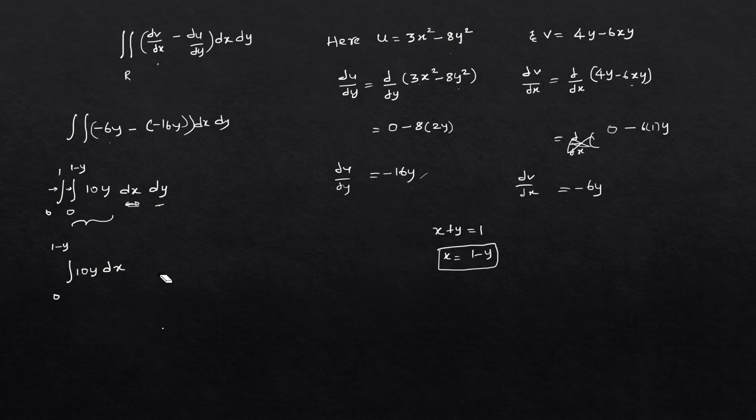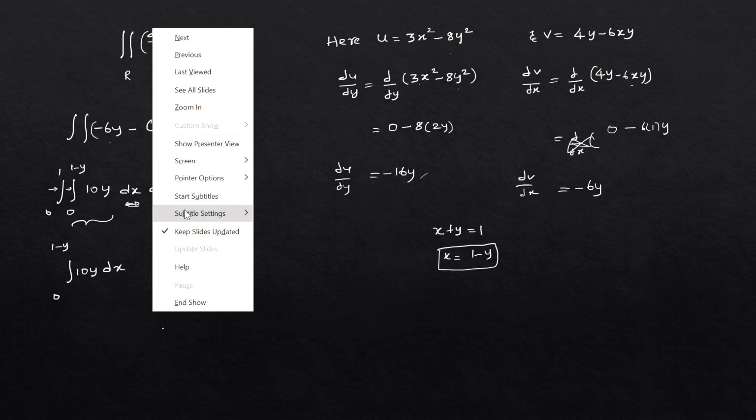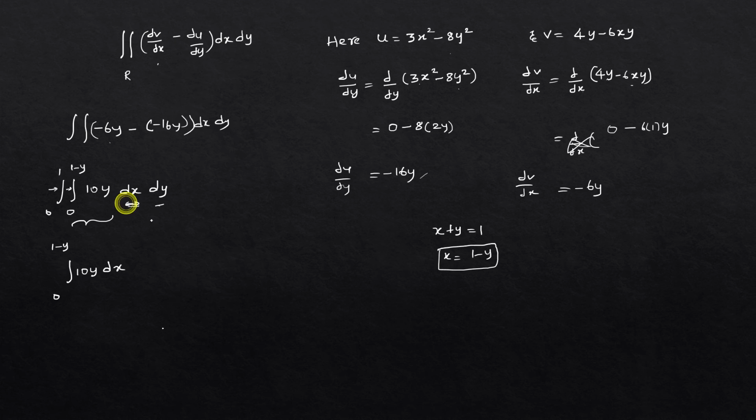See here, both 10 and y are constants since we are integrating with respect to dx. So 10y into the integral of 1 dx, which is x. Be careful, we are integrating with respect to dx here, so both 10 and y are constants. Now the limits are varying from 0 to 1 minus y.